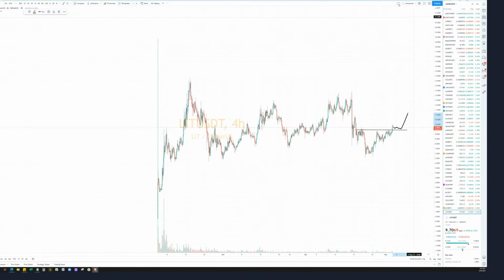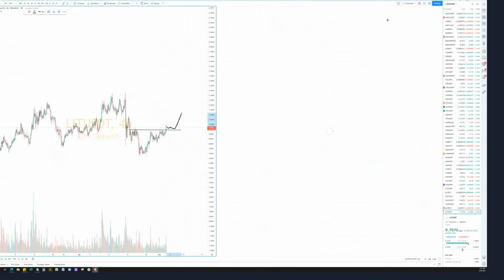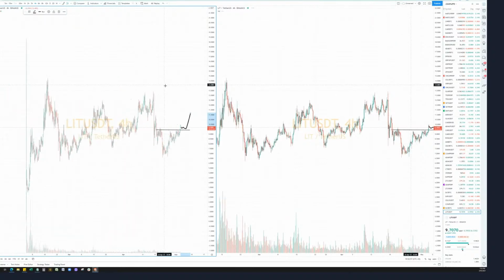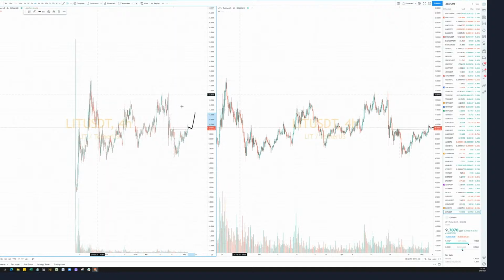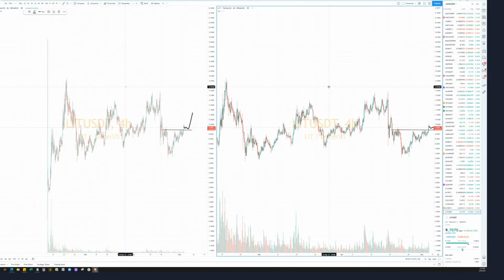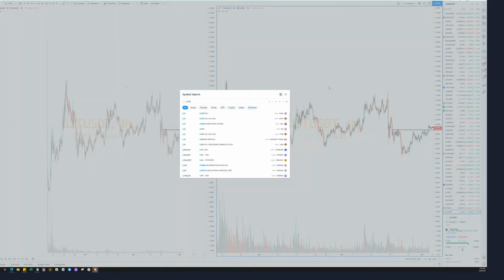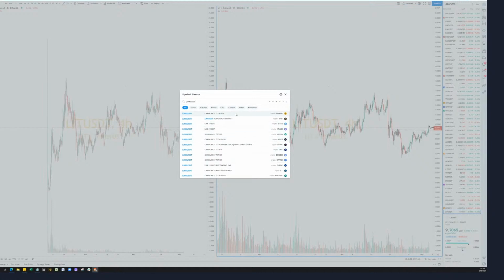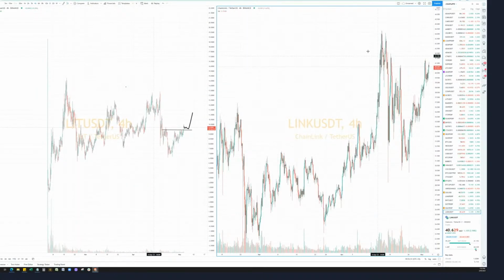If I was to compare this, all right, let's pick another chart. I know which one's advanced in the structure, but this is a reaccumulation structure, but this one doesn't have much history, does it? Okay, so now if I look at LINK, 4 hour.